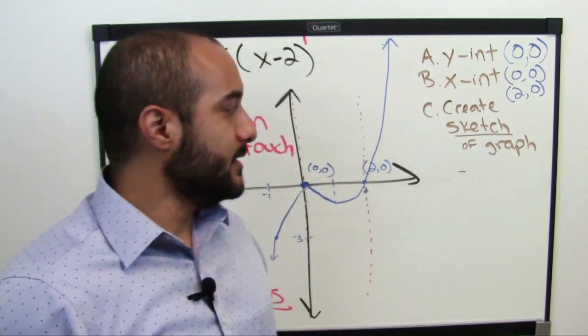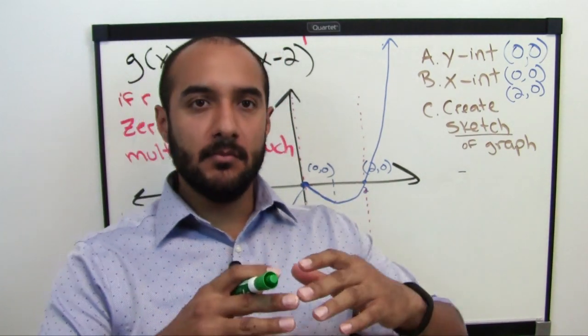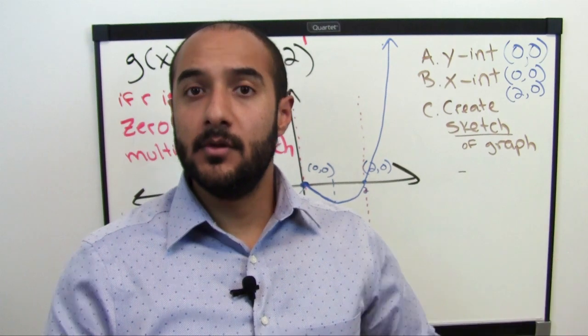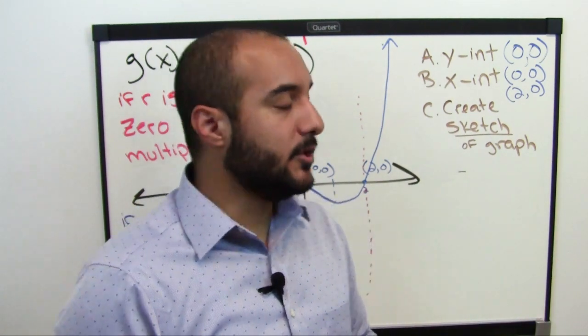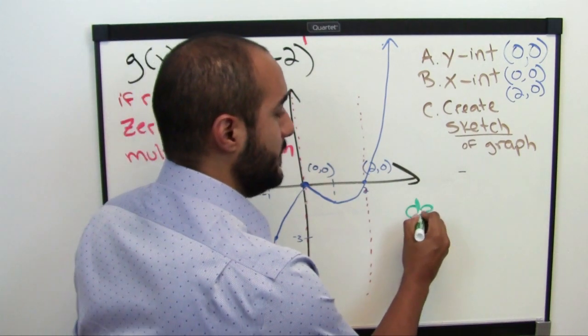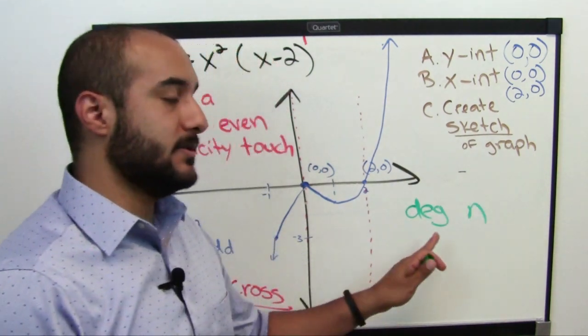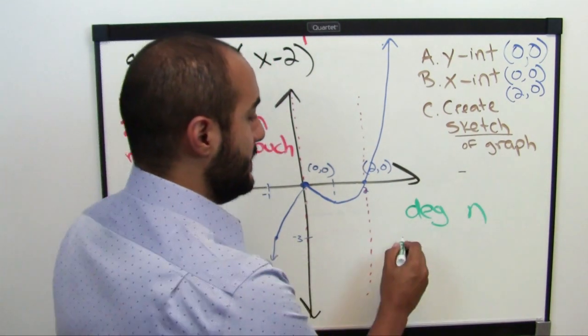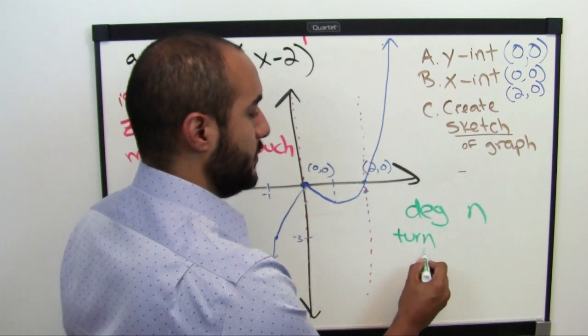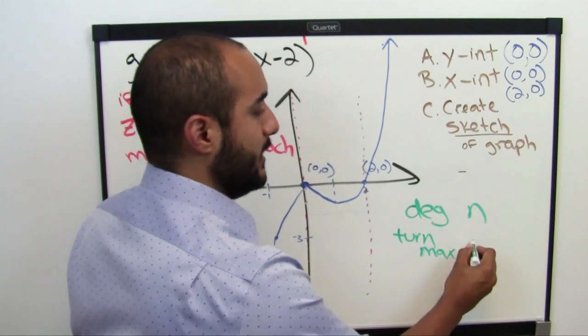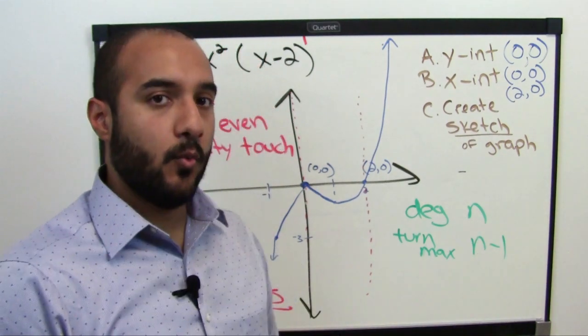Another question they can ask you is, given this polynomial, what's the maximum number of times that it can turn? Well, there's a theorem that says that for a polynomial of degree n, the maximum number of turns is n minus 1.